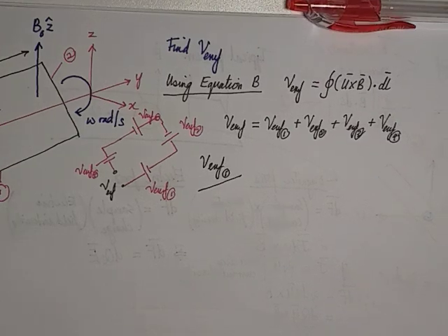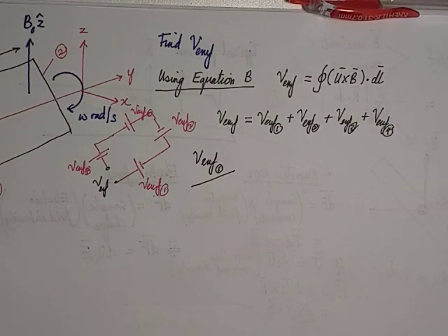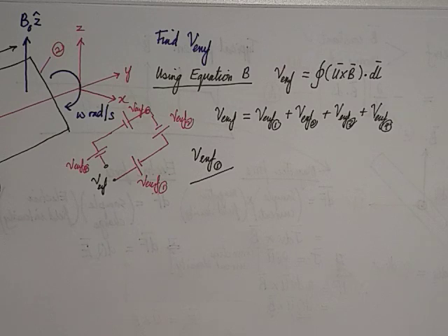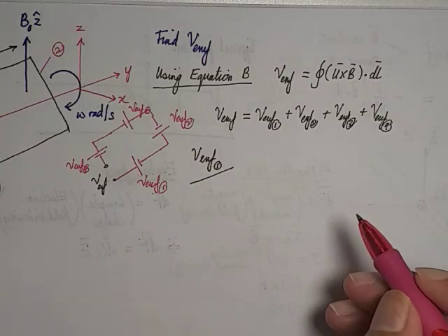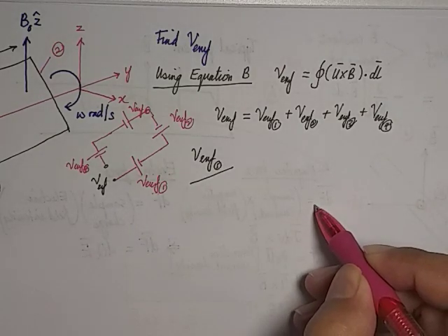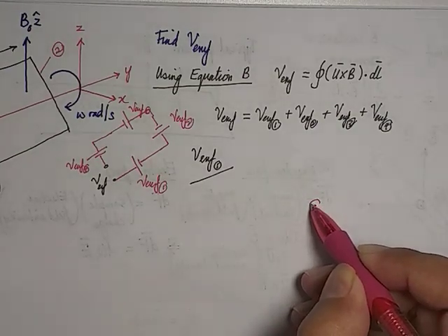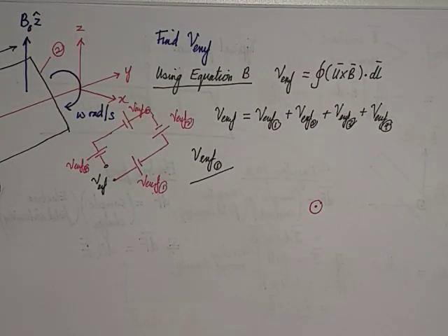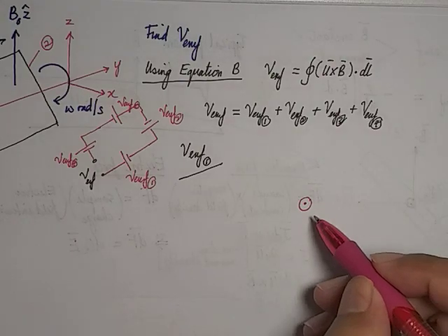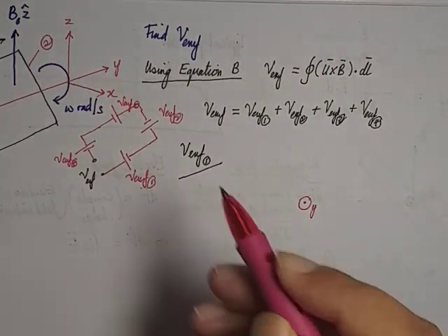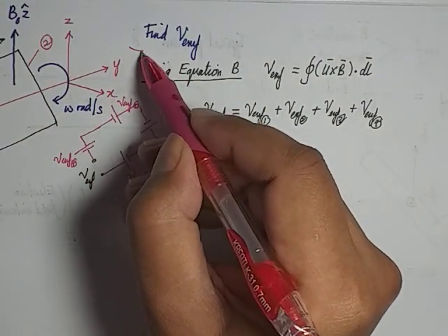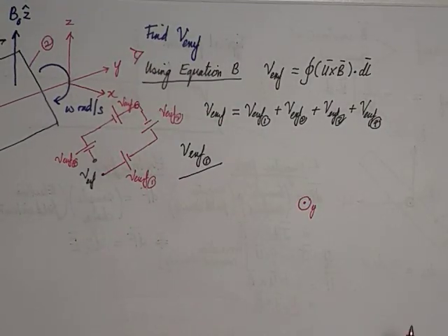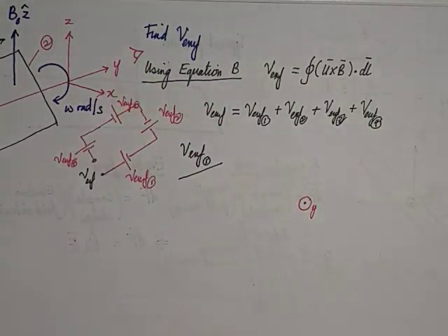To do that, I'm going to redraw the problem in 2D. What I mean by that, I'm going to state the axis coming out from this paper to be Y, meaning that we are looking from this position. Now our eye is at this position, so Y is coming out.